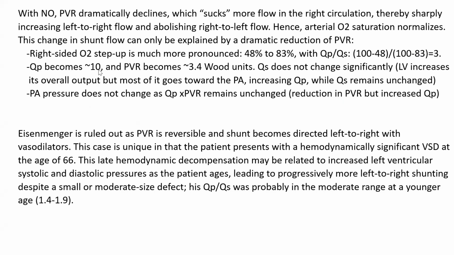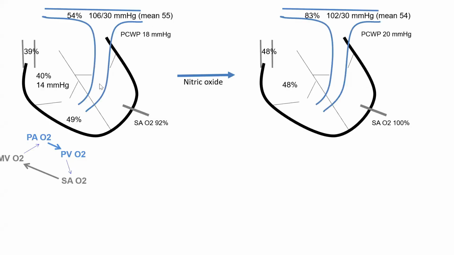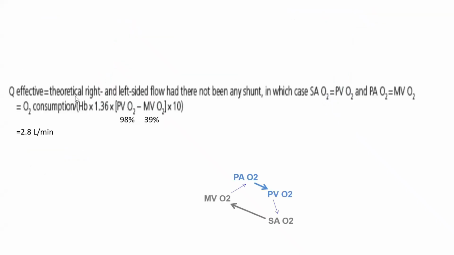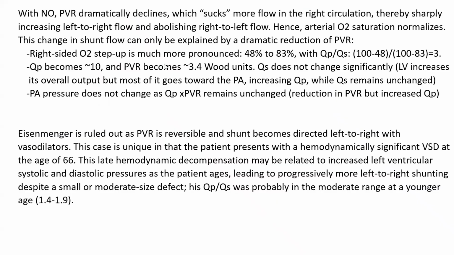The absolute QP evidently goes up. PVR goes down on your calculation. Okay, if you plug in the QP and do what we explained, the mean PA minus wedge pressure divided by that much higher QP, you end up with a much lower PVR, okay?